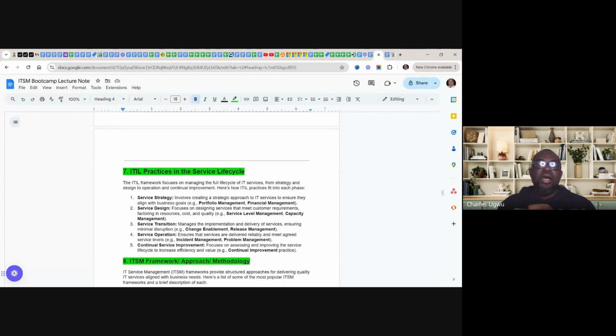So that is it. And then under number 5, continuous service improvement. It focuses on assessing and improving the service life cycle to increase efficiency and value. That's continuous improvement. So you see the sequence here.